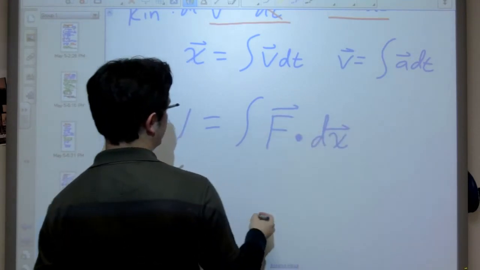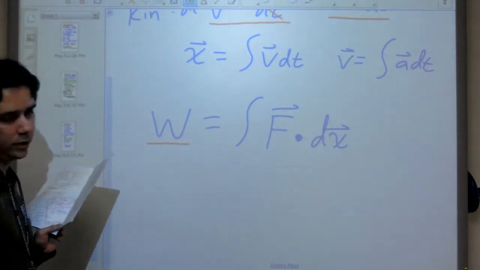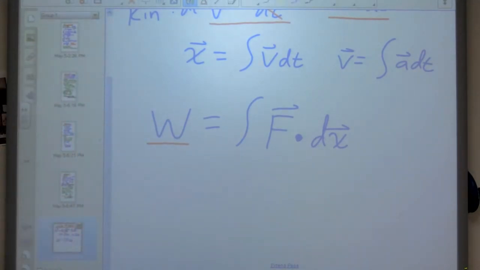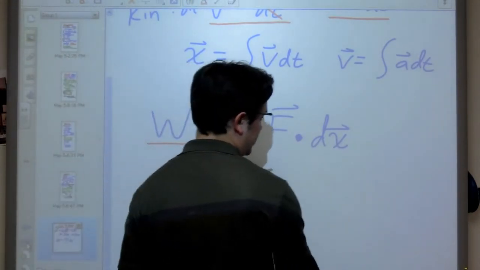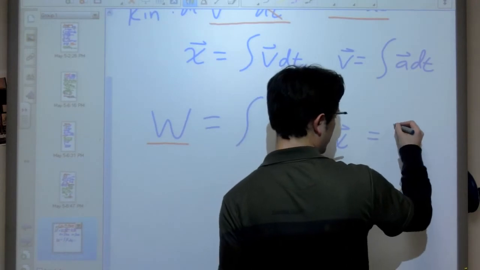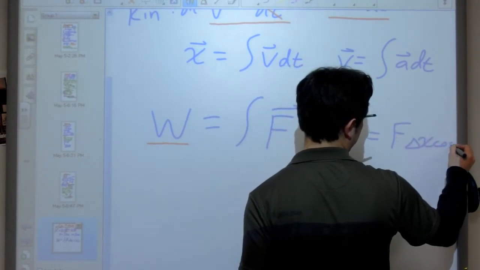Both of these guys are vectors, but work is basically a means of transferring energy from one place to another, and work and energy are always scalars. They are not vectors. They do not have direction. This dot product eliminates that direction. In fact, this simplifies down to, one of its simplest forms, F delta x cosine theta.